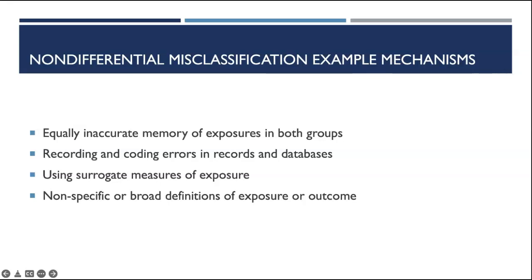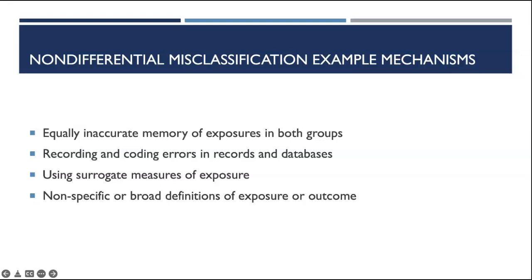There are also non-specific or broad definitions of the exposure or outcome, which can result in non-differential misclassification. So let's say you're studying the effects of environmental tobacco smoke exposure, and you're asking whether a subject's spouse smokes.